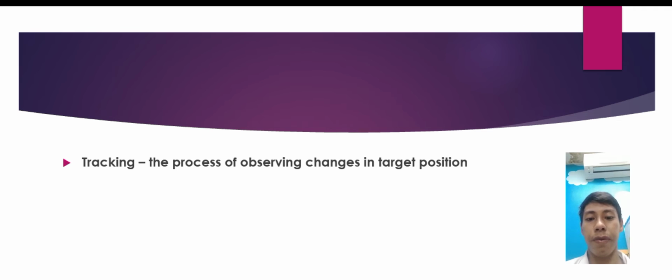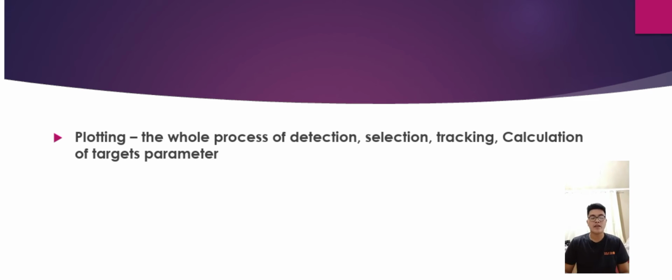Plotting is the whole process of detection, selection, tracking, and calculation of the target's parameters. Radar plotting is an alternative for ARPA, and it will be handy when ARPA is not working. It is done by recording the successive positions of the vessel on a nautical chart.